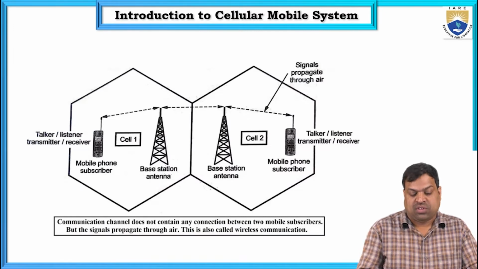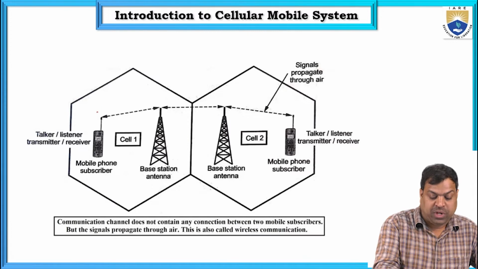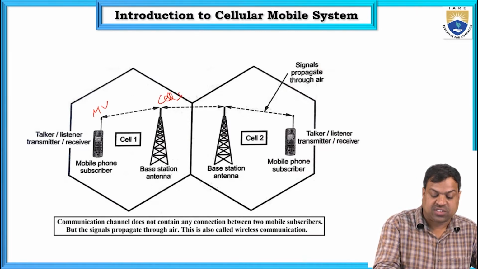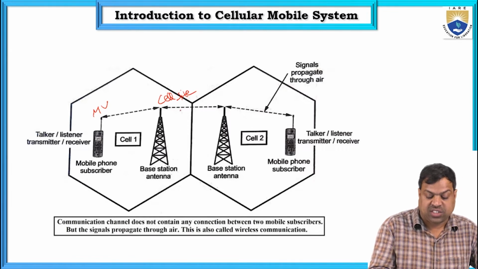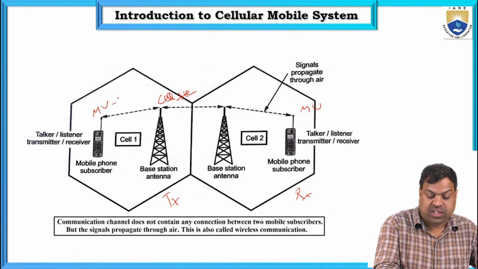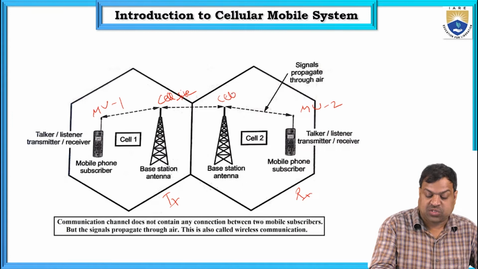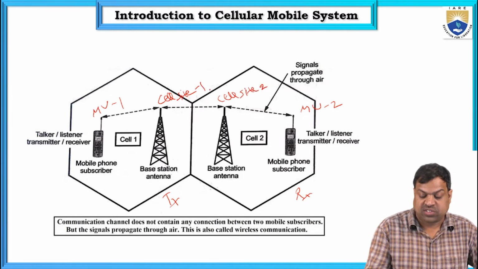So in this diagram, we can observe a mobile unit and a cell site. Suppose one person is the transmitter, and I'm taking another as the receiver. So there is a cell site and a mobile unit; I'm taking mobile unit 1, mobile unit 2, cell site 1 and cell site 2.